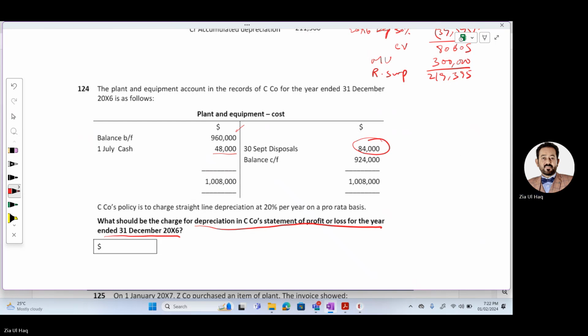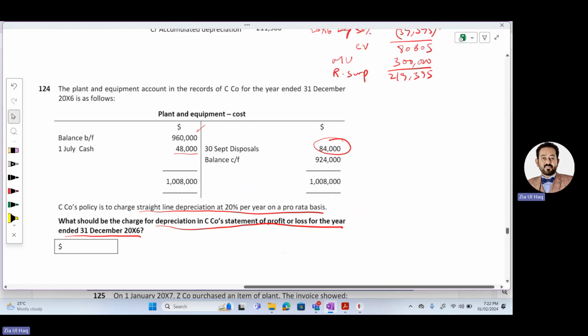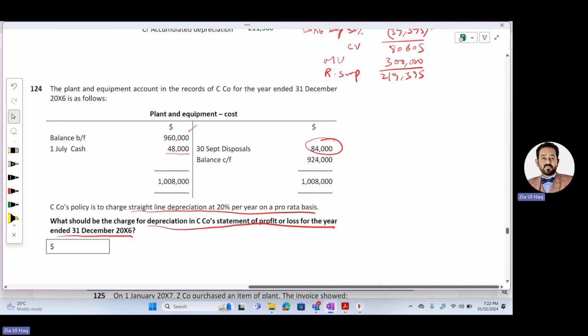This means for this asset, depreciation should be charged for 9 months only, not for full. The company policy is to charge straight line depreciation of 20% per year on a pro rata basis. So the asset coming from previous year is 960,000.